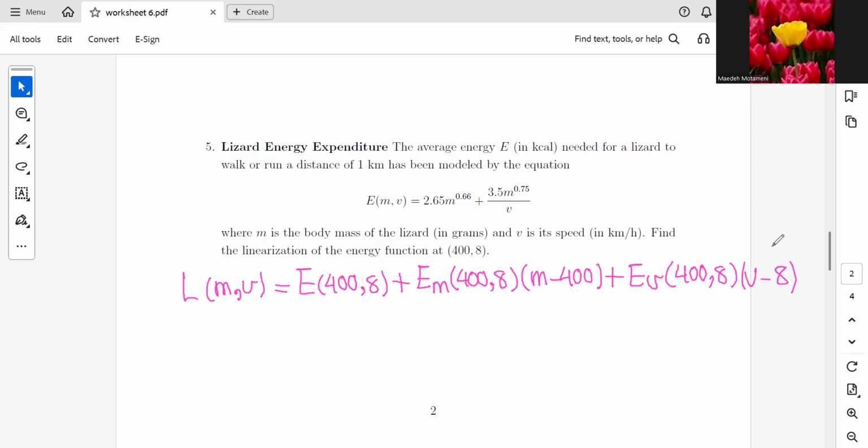So it only needs plugging in for these parts here.